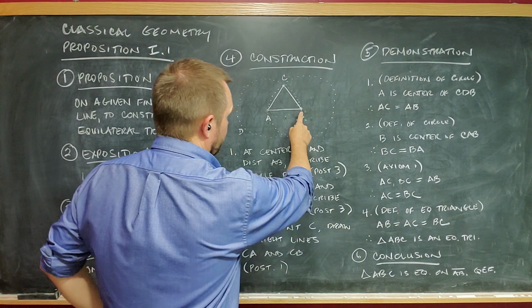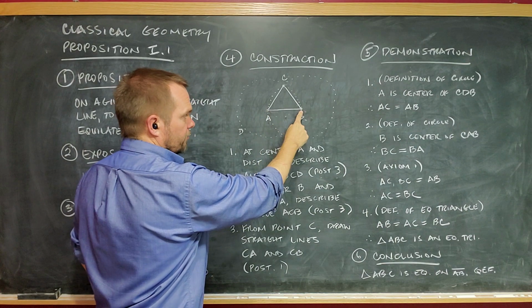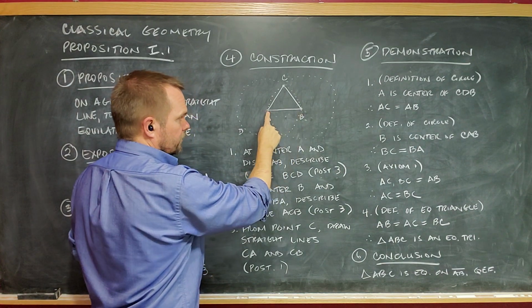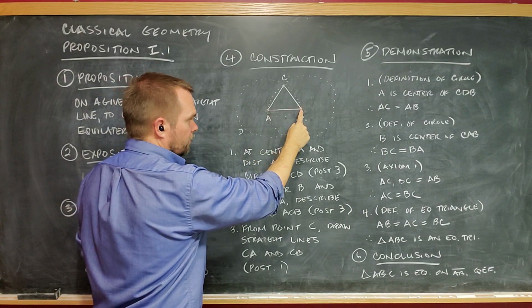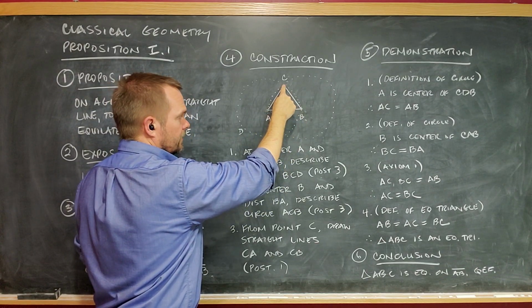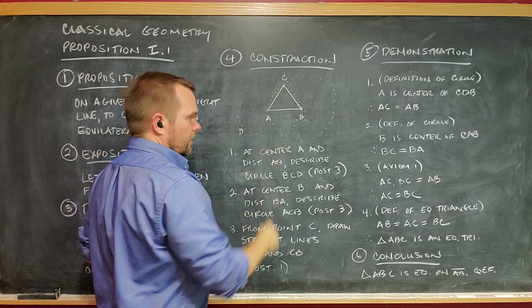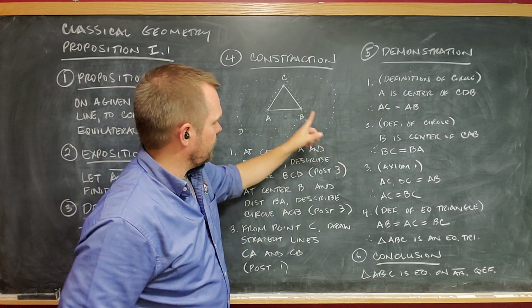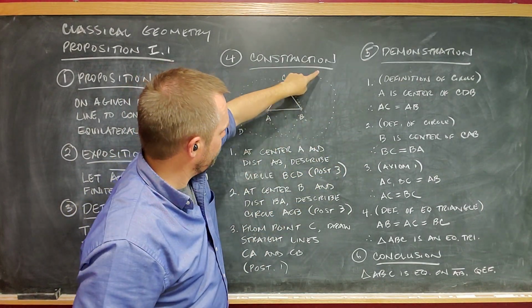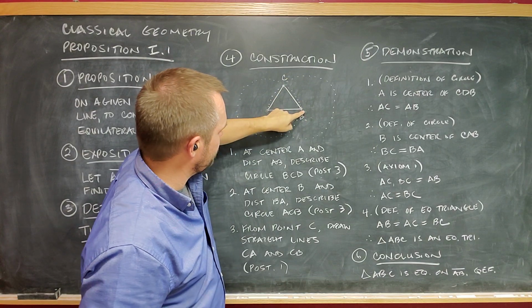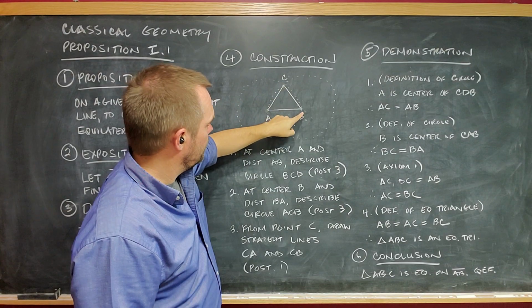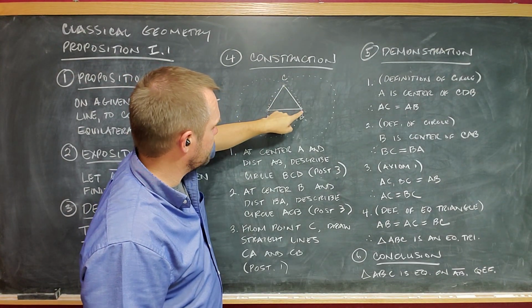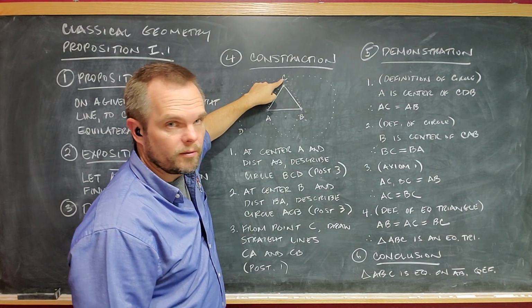And here we have two lines drawn from point B out to the circumference at point A, and from point B out to the circumference at point C. Therefore, since B is the center of this circle, and these two lines extend from the center to the circumference, line BA must be equal to line BC.